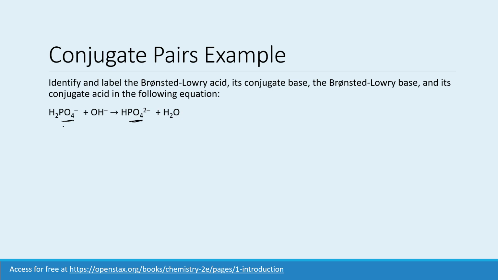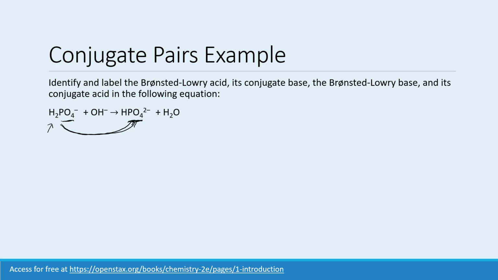And so I know that this is going to be a pair, right? I've got my H2PO4 negative, and it's becoming HPO4 2 negative. And I need to ask the question of what is happening to this reactant, to this H2PO4. Is it gaining or losing a proton as it forms the product HPO4 2 negative?